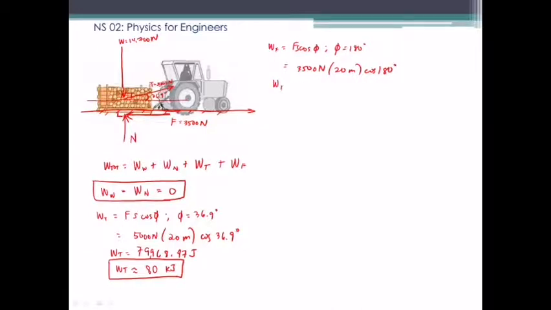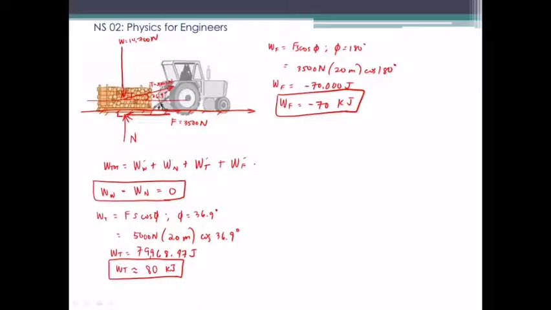The work done by the friction force, as expected, is negative: 70,000 joules, or negative 70 kilojoules. So we have obtained all of them.